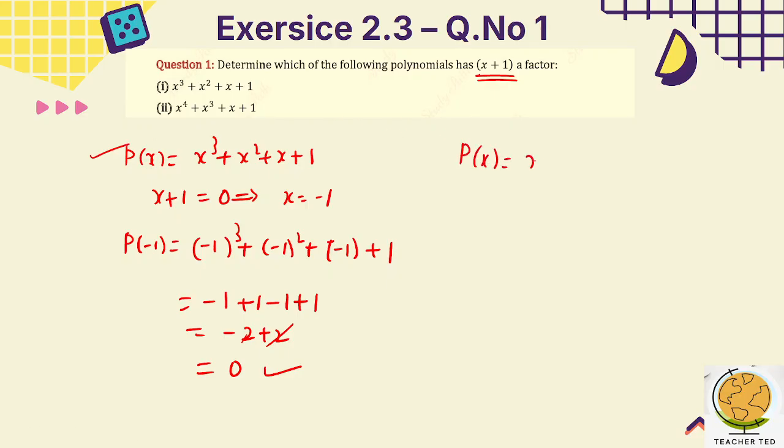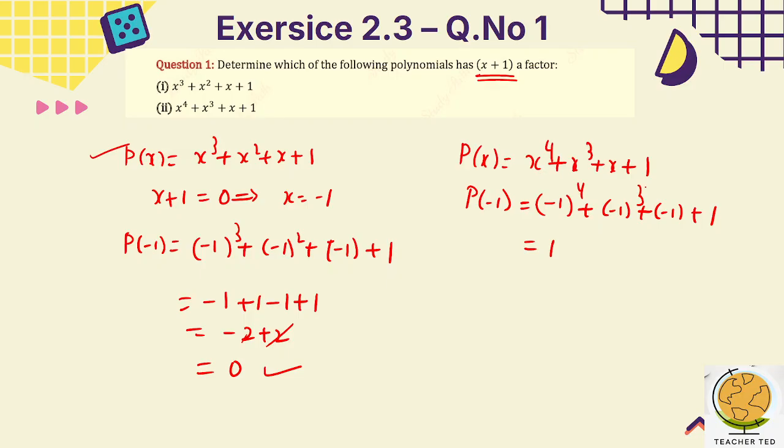p of x is equal to x to the power of 4 plus x cube plus x plus 1. Substitute x is equal to minus 1 because the same factor for the two problems. Minus 1 to the power of 4, minus 1 cube, minus 1, plus 1. Since it is the power 4, the negative sign multiplies 2 times and it becomes positive.